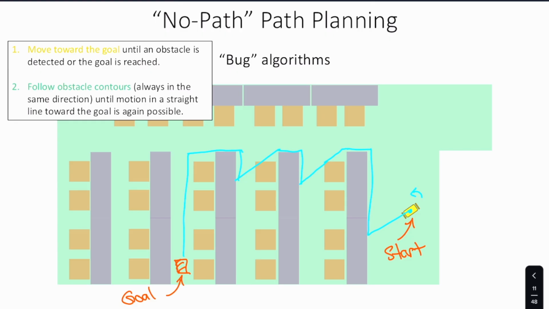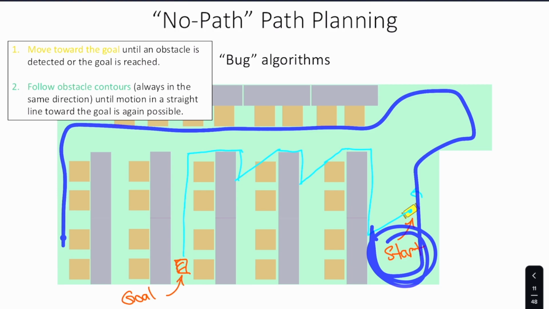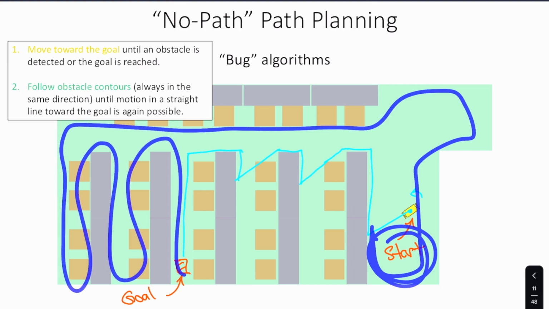So depending on how complex you make this obstacle contour following, it could get stuck in a cycle immediately here, or it could find its way all the way around to the goal this way.